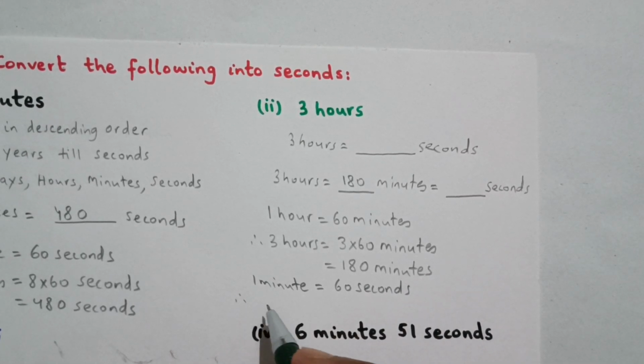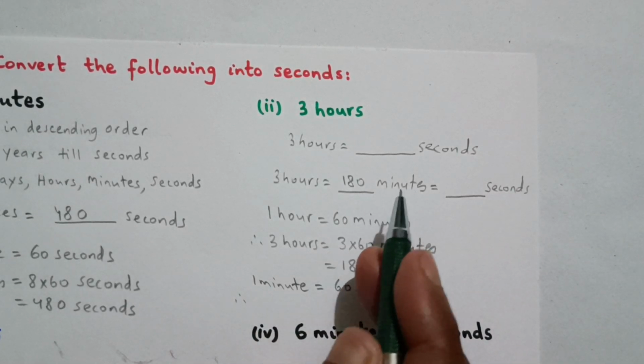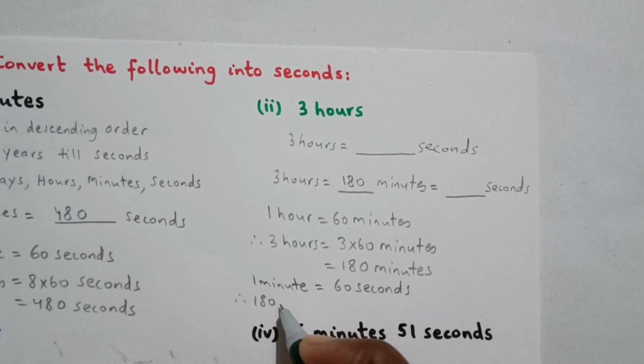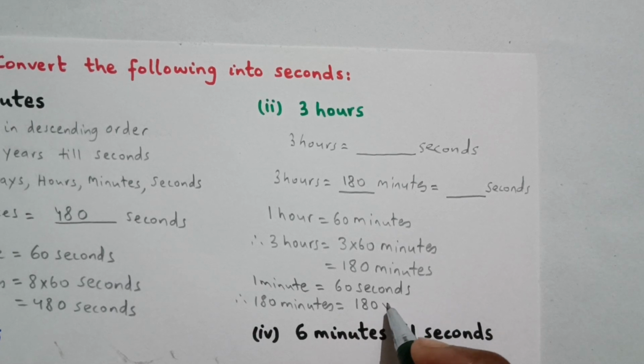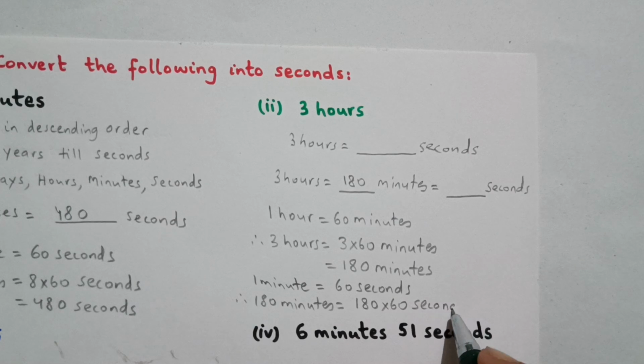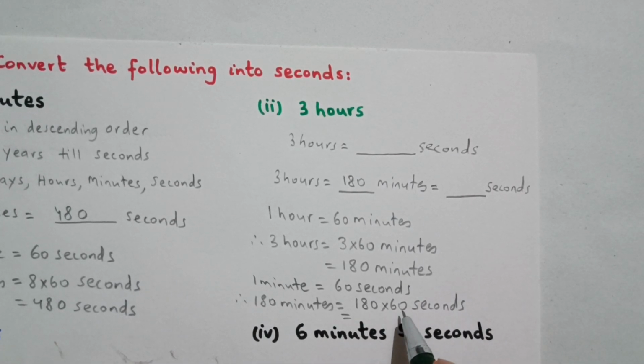So therefore 180 minutes is equal to 180 into 60, this many seconds. And what is 180 into 60? 18 into 6 is 108, and then add these two zeros.